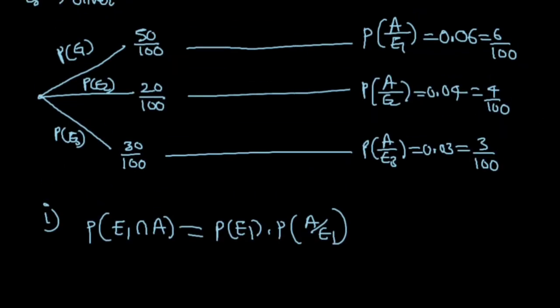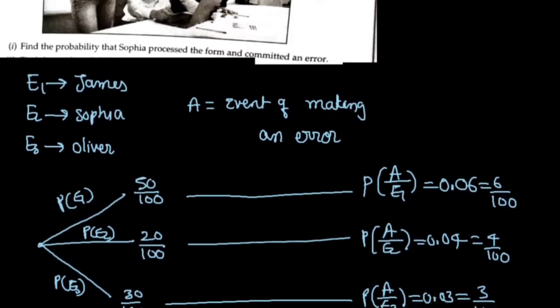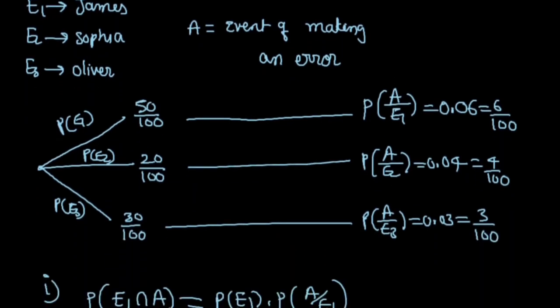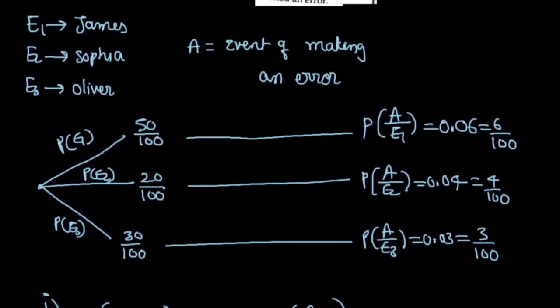P of E1 is 50 by 100. E1 is James, E2 is Sophia. So this is P of E2 into P of A by E2.